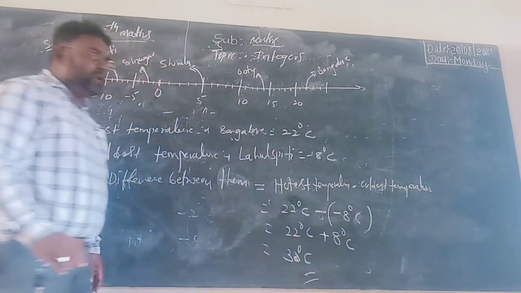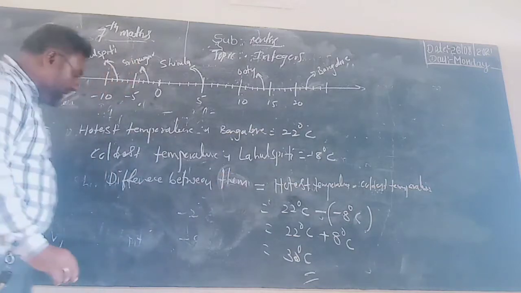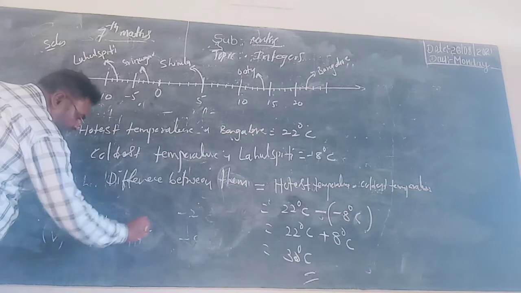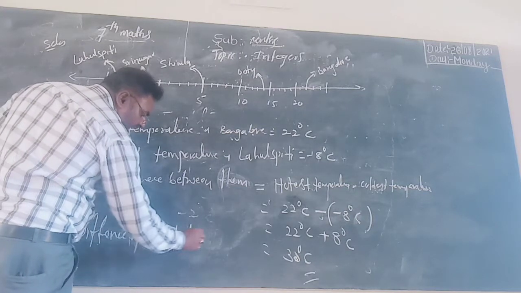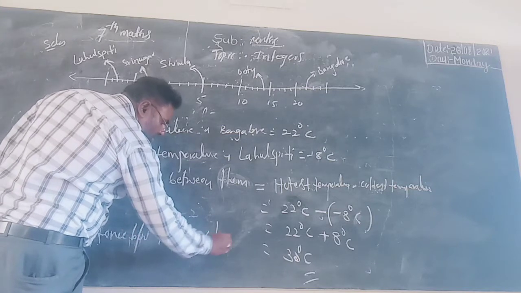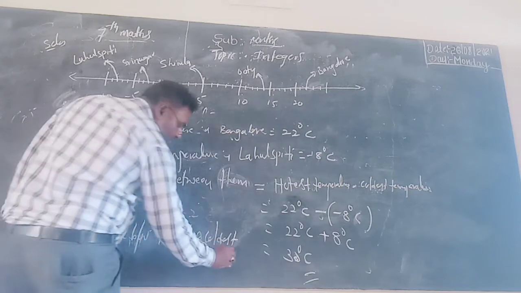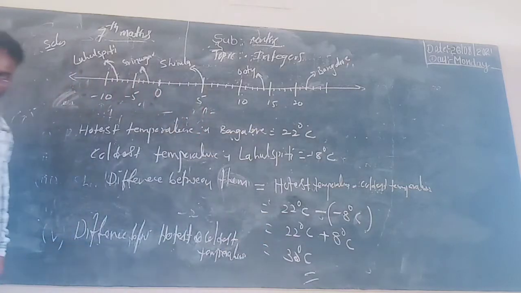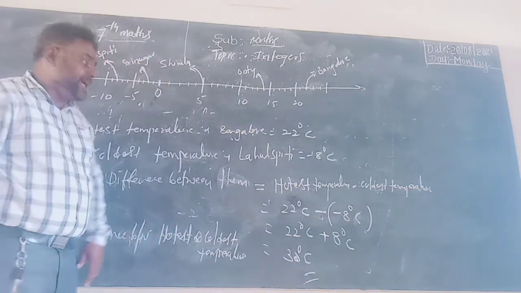The difference between the hottest and coldest temperature is 30 degrees centigrade.